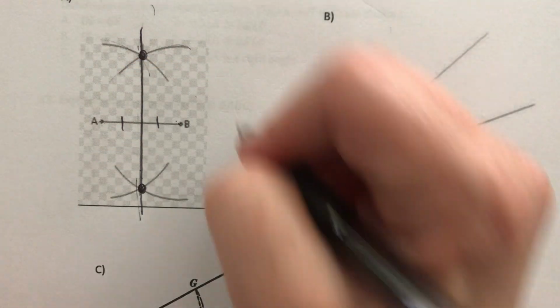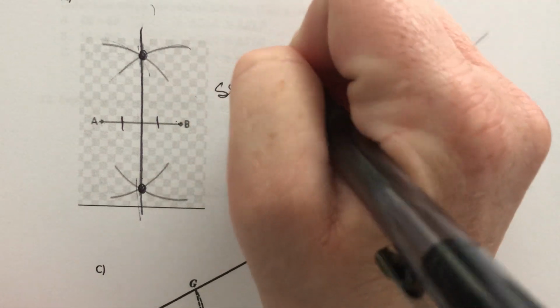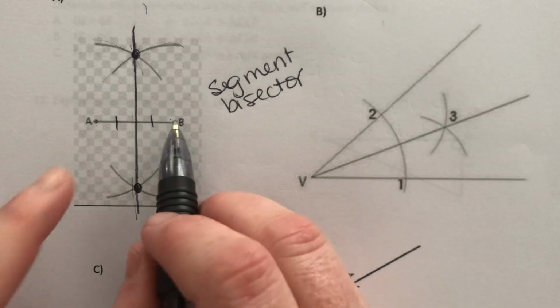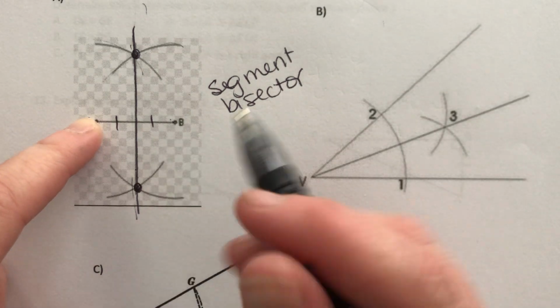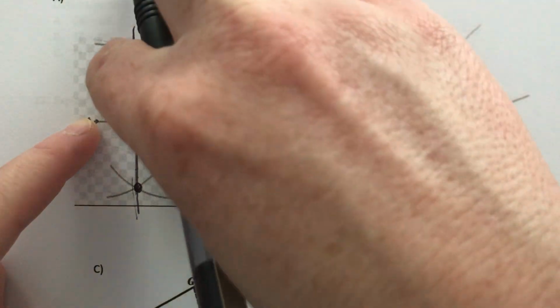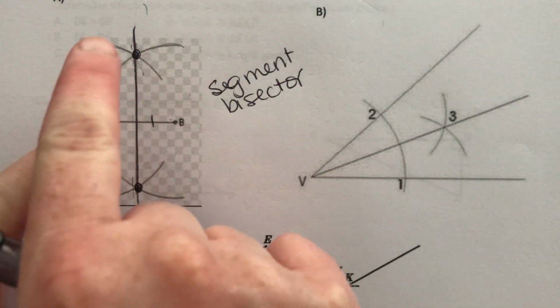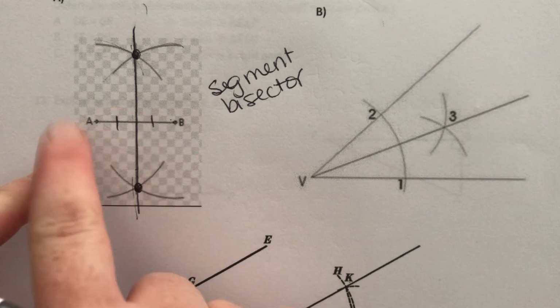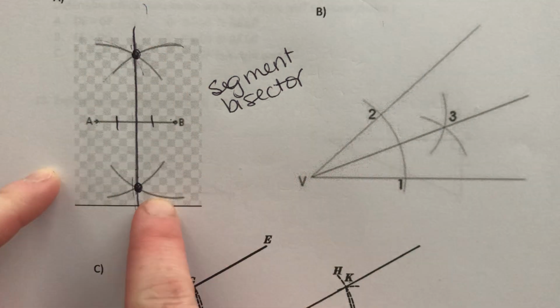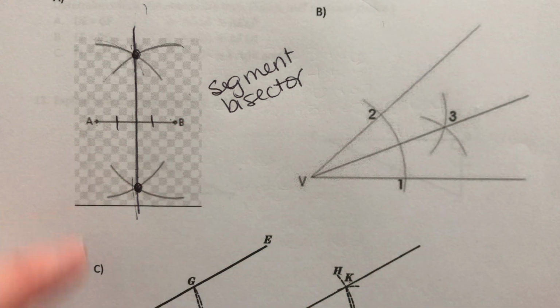So this is a segment bisector. When you start with these two endpoints and you use a certain angle measure and you keep it consistent the whole time, wherever those markings intersect, that's exactly halfway in between these 2 points, right? So when you connect them, this line bisects this guy.